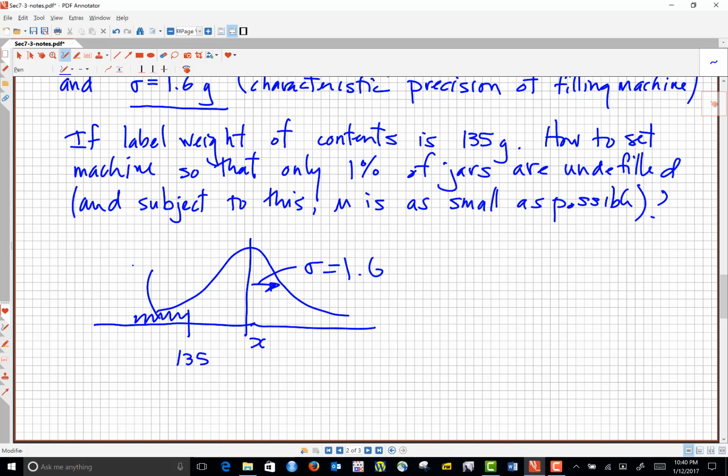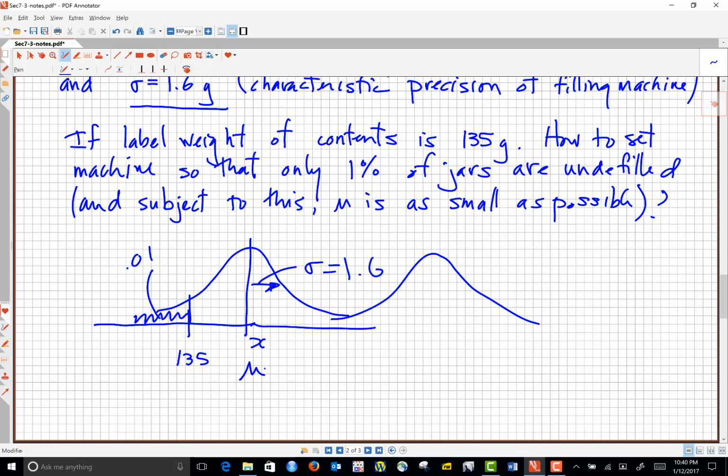The fraction of the underfilled jars is, say, 0.01. Now you can get that by moving this normal curve clear over here. In fact, you can make that value to the left of 135 infinitesimal, but that costs you something.